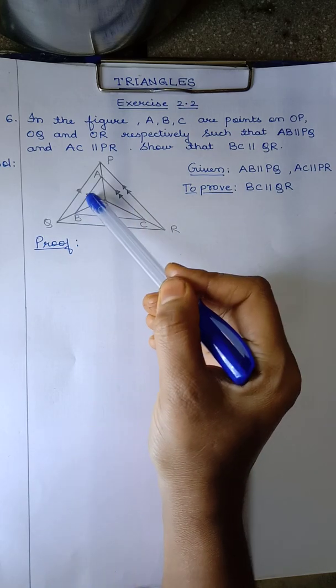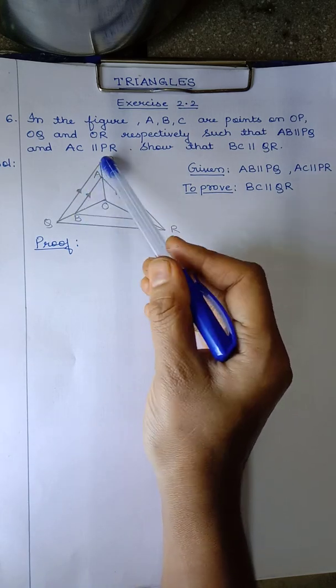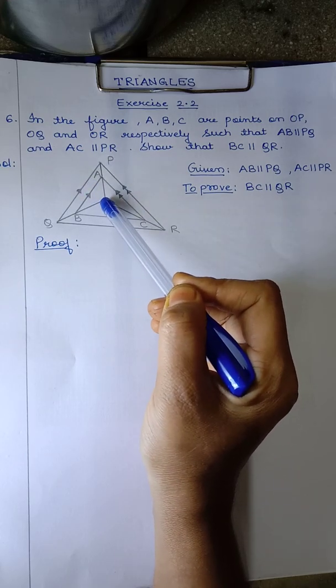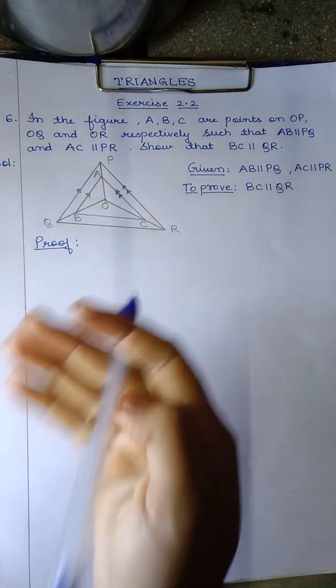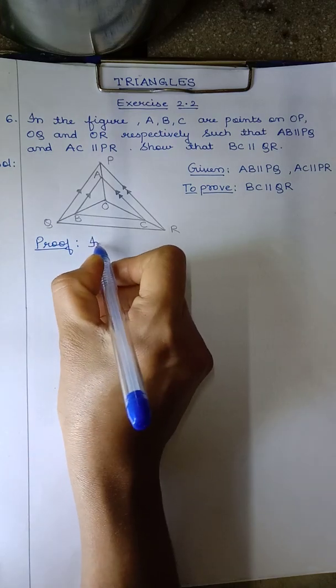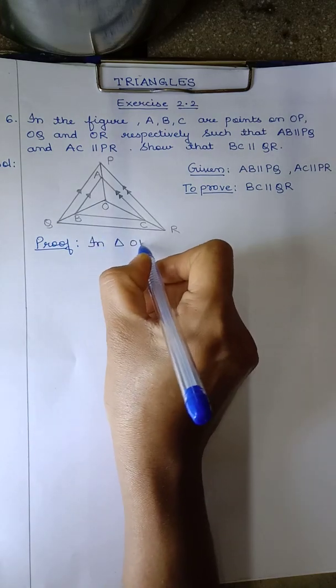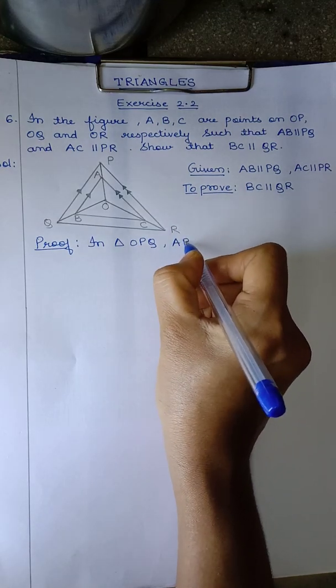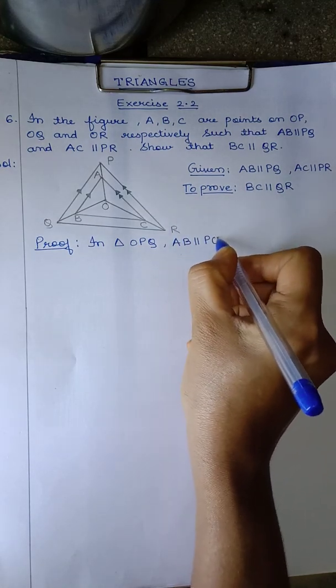To prove that, we have to use the given things. AB is parallel to PQ. In which triangle, children? It is parallel in triangle OPQ. So first write, in triangle OPQ, AB is parallel to PQ.